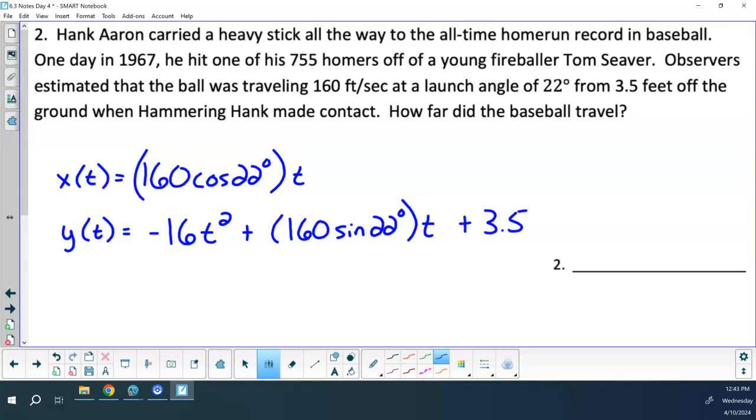Now, we want to know what? How far away the ball landed, right? So how far total horizontal distance, right? What do I need to find in order to do that? T. I need to find T. How long it's in the air, right? Okay, how am I going to find t?